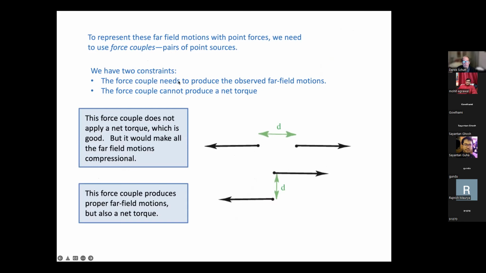So the force couple needs to produce both the observed far field motions, so the compression and dilatation, but also it cannot produce a net torque. So this one here doesn't produce a net torque, but it would make all far field motion compressional. This one here produces the appropriate far field motions, but it has a net torque.